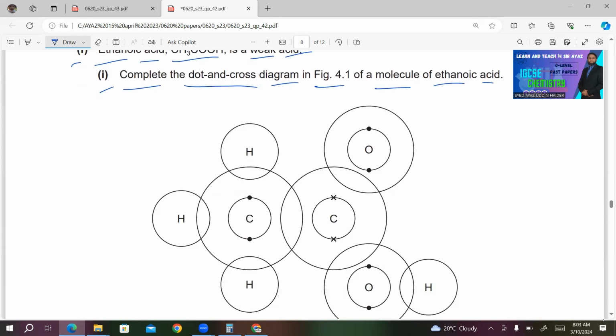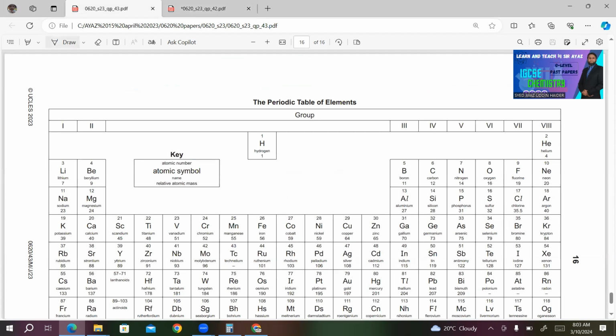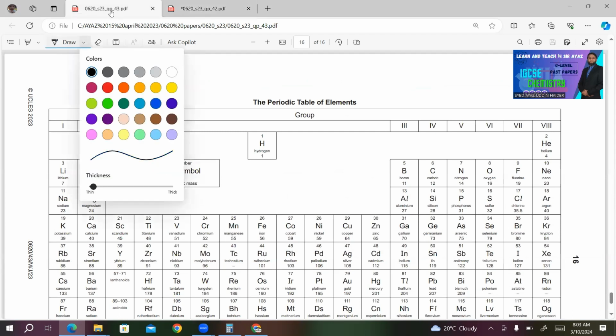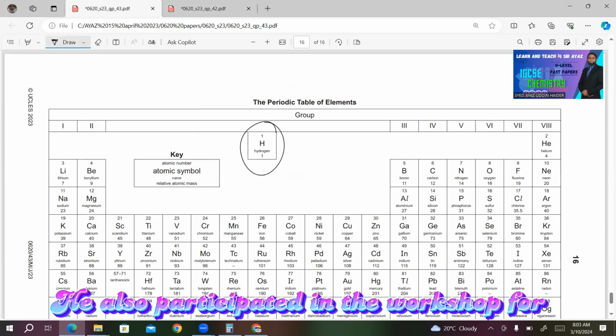Here they have shown the key for both the carbon atoms as well as oxygen. I'm only going to show the key for the hydrogen atom. I'm using a blank dot for each hydrogen. You can see hydrogen has only 1 electron. Its proton number is 1. It has only 1 valence electron.